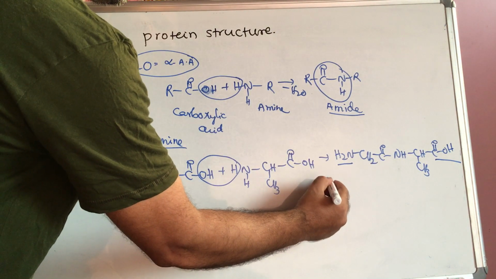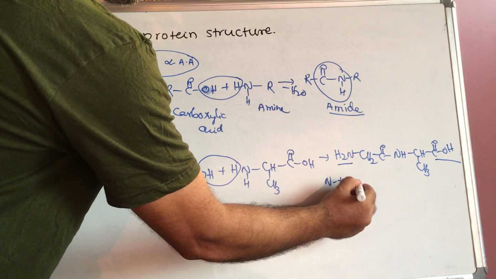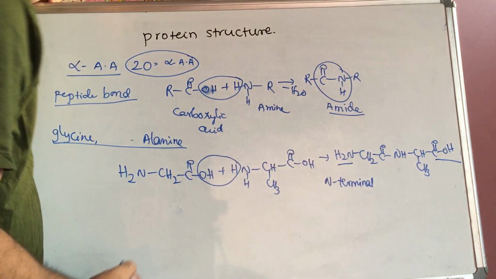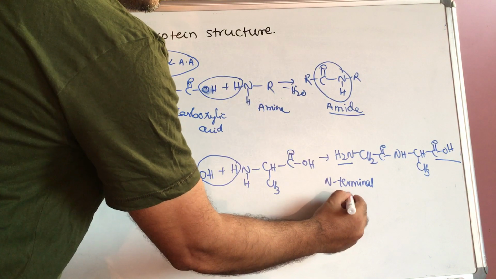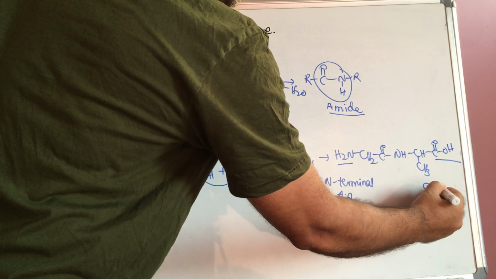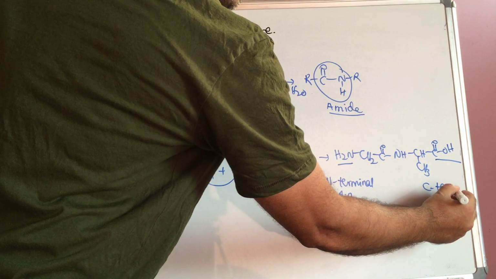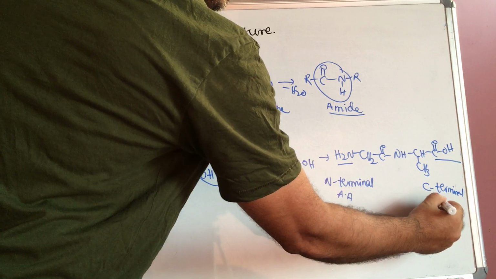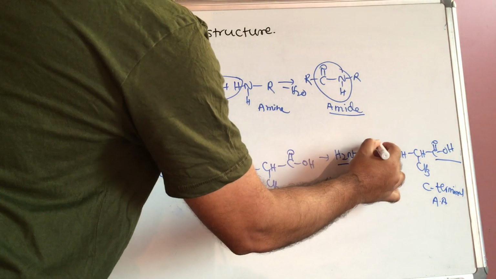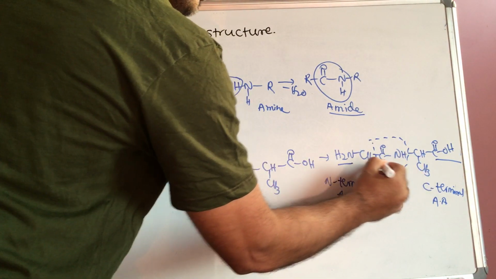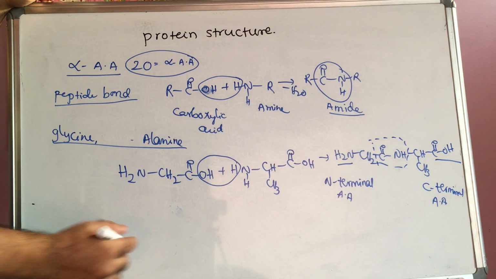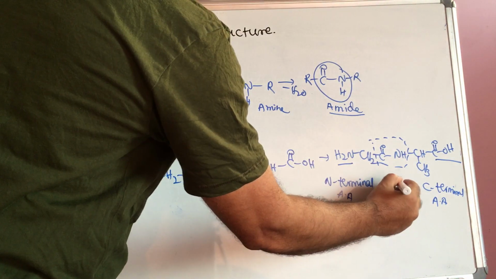This is called the N terminal amino acid, and this is called the C terminal amino acid, and this bond is known as peptide bond. The amide bond is known as peptide bond.